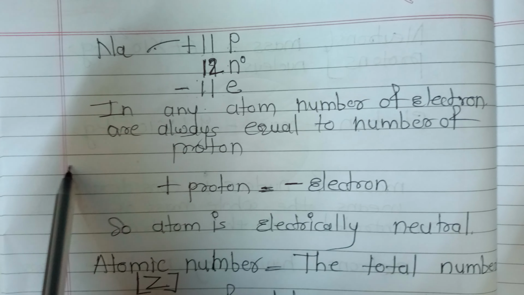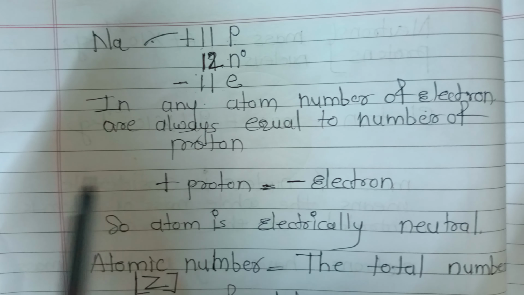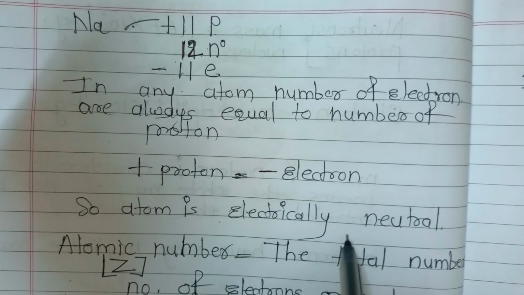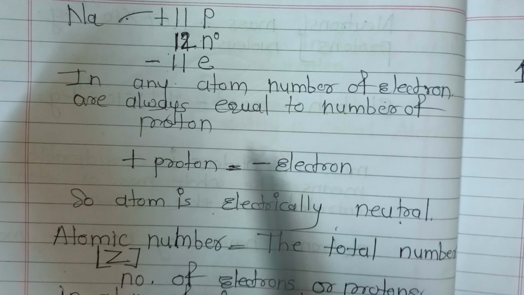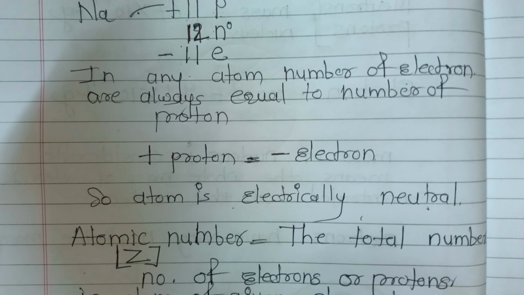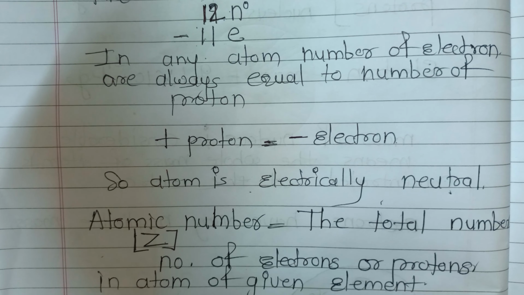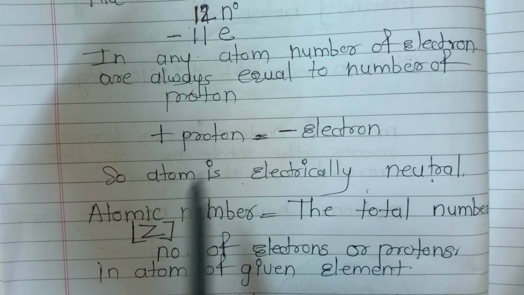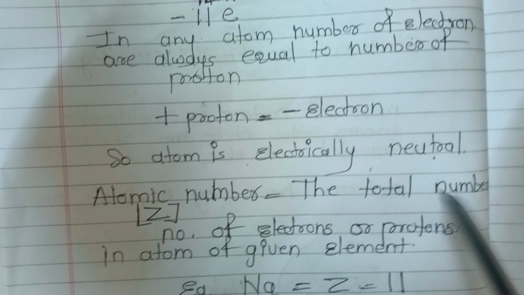So in any atom, the number of electrons equals the number of protons. Since the same number of protons and electrons are present, that atom is electrically neutral because it will not have any charge.